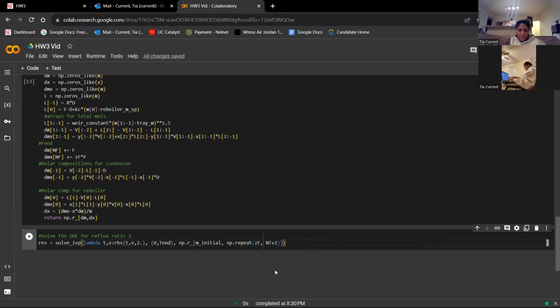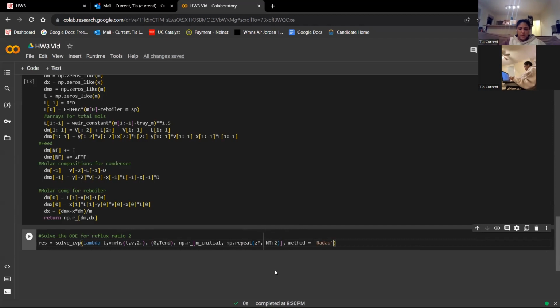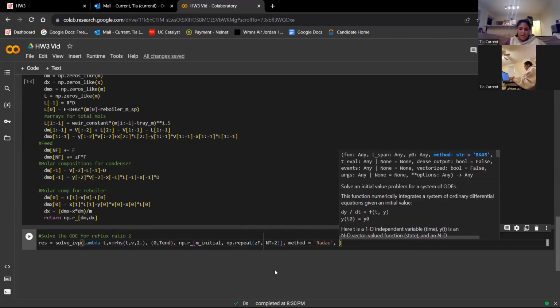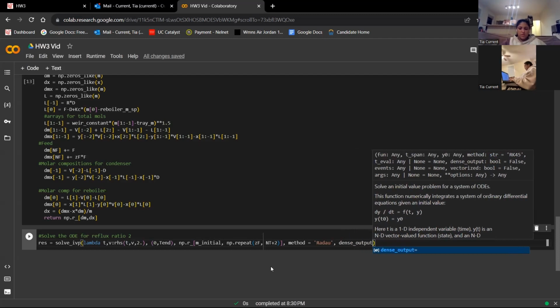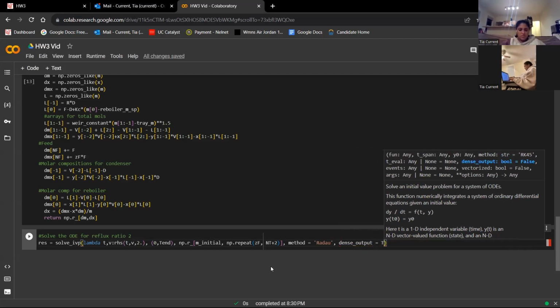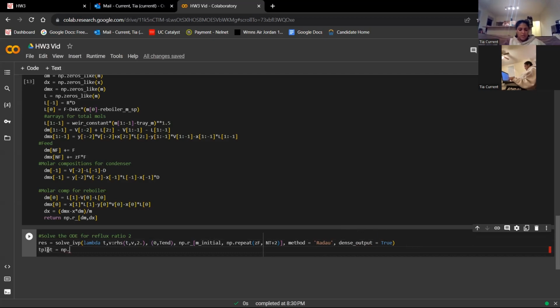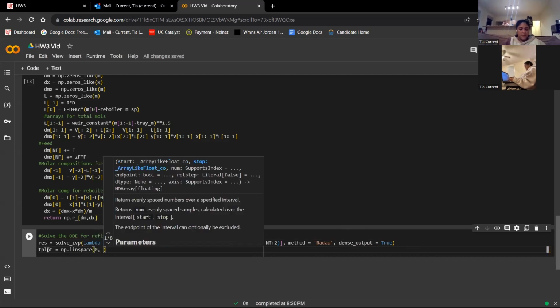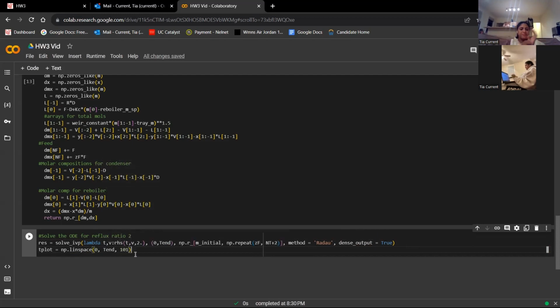Okay. And then my method is equal to write out, comma, put 2 true. And then, okay. My t plot is equal to dot linspace 0 t and 101 and then enter.